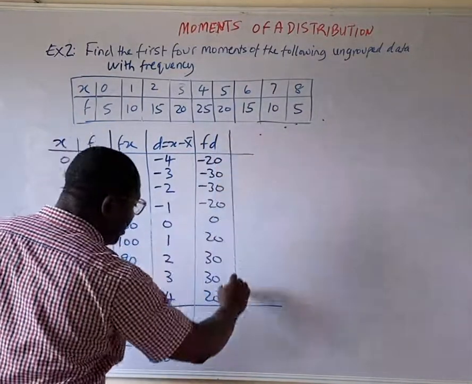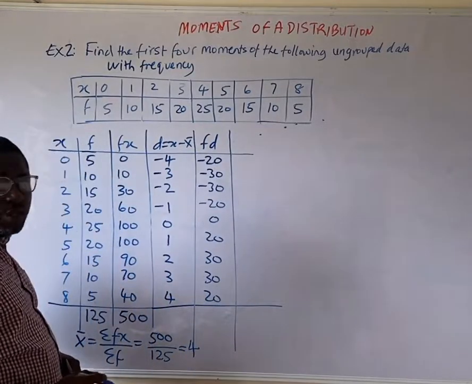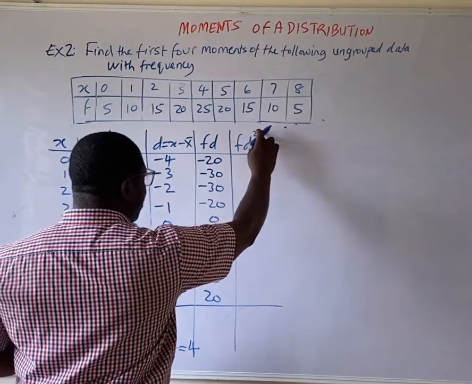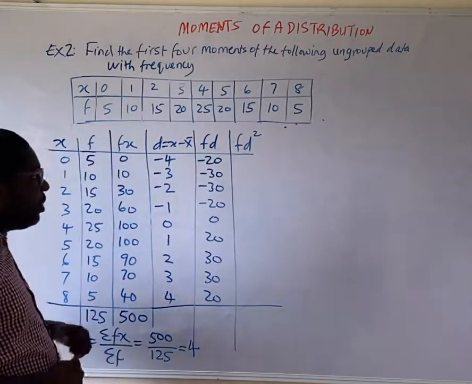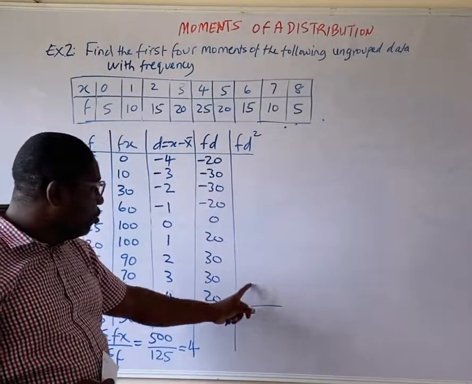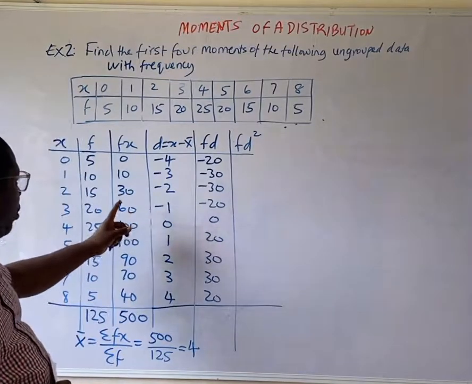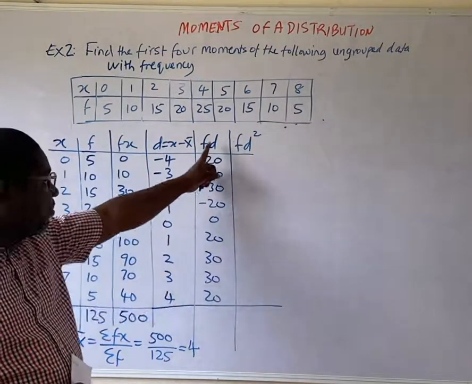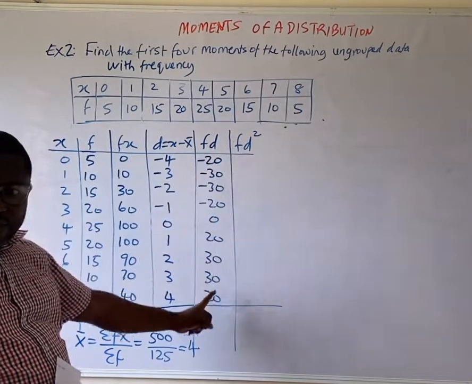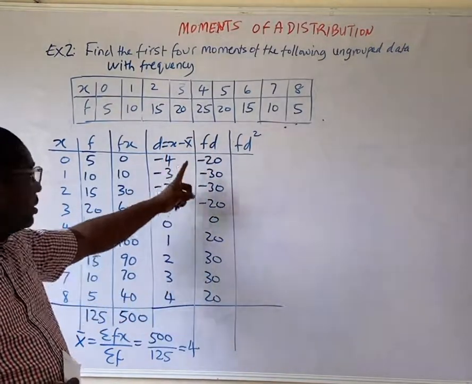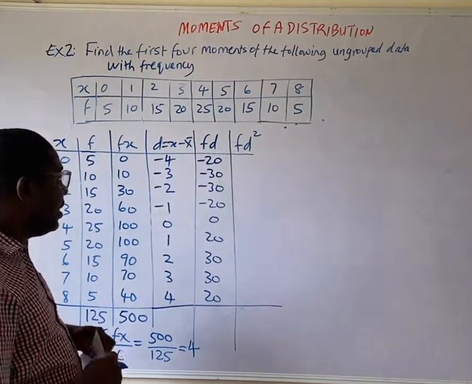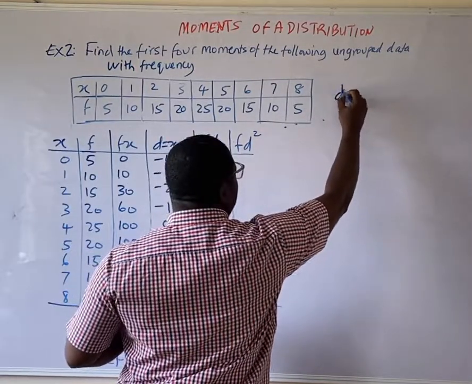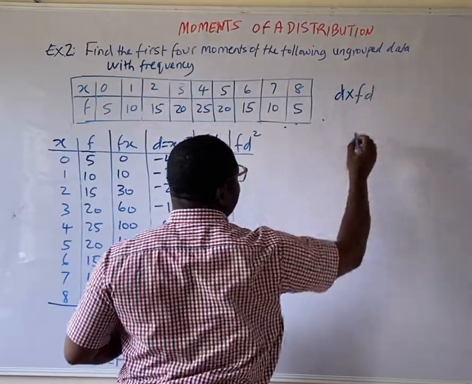Then we look at the second degree of deviation, which is fd raised to power 2. To get fd squared, we have to multiply our deviation times fd. Now look up here, we have d times fd.